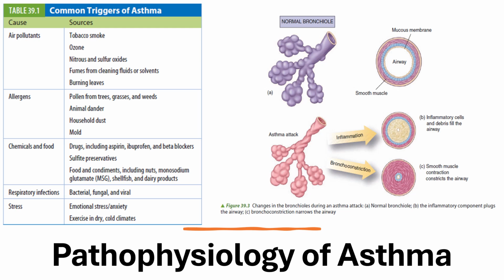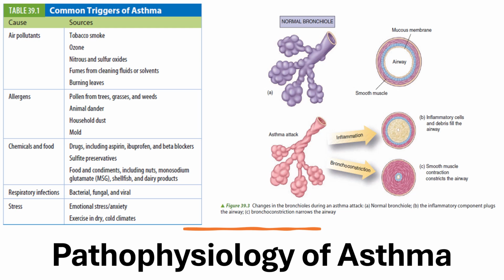As in allergic rhinitis, the airway becomes hyperresponsive to allergens. Both bronchospasms and inflammation contribute to airway obstruction. The patient with asthma can present with acute or chronic symptoms.